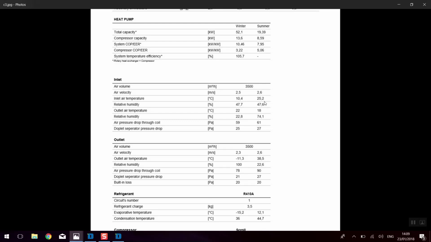At the same time, the inlet temperature in the condenser in summer mode is 25.2, and the outlet temperature is 38.5 degrees, and with this velocity of 2.6, we believe that the condensation temperature will be equal to or even higher than 55 degrees, which, once again, will affect all the calculations in summer mode, and probably the data will be different.